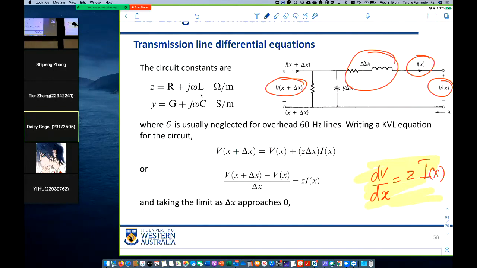That's the definition of the derivative. So we can rewrite the equation we wrote using Kirchhoff's voltage law: a very simple equation, dV dx is Zix. That's the first equation.